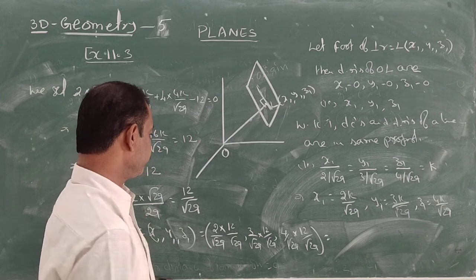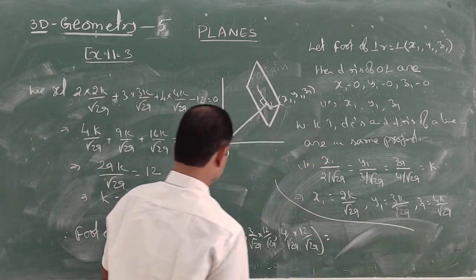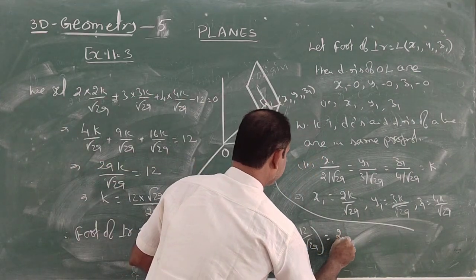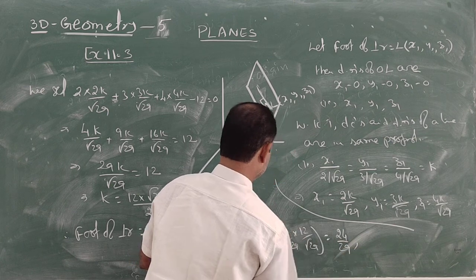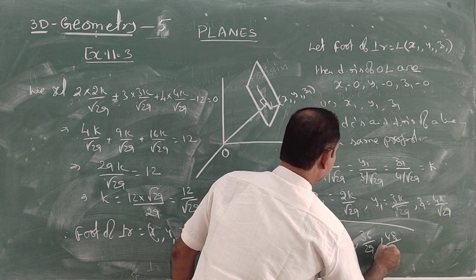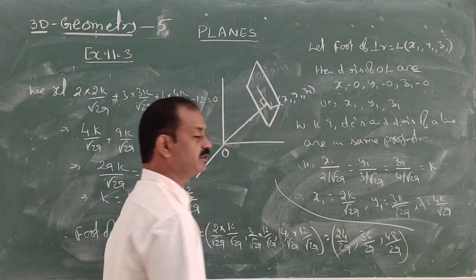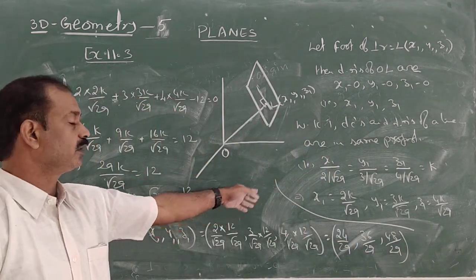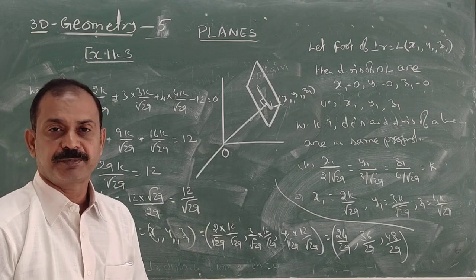Which is equal to 24 by 29, 36 by 29, 48 by 29, which are the coordinates of the foot of the perpendicular.